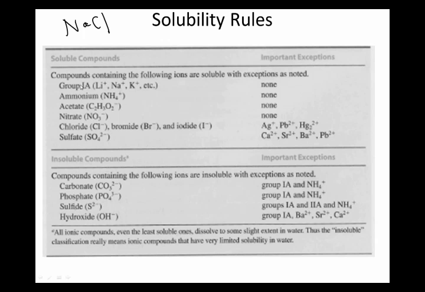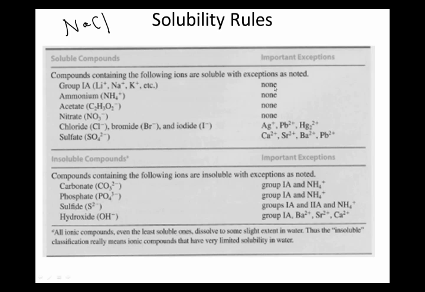Great. And there's 2 parts to the chart. These are things that tend to be soluble. So what the chart is telling you is that ionic compounds containing sodium tend to be soluble. Over here are any notable exceptions. There are none. Sodium has no exceptions.